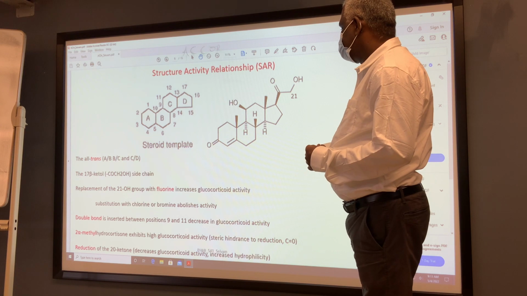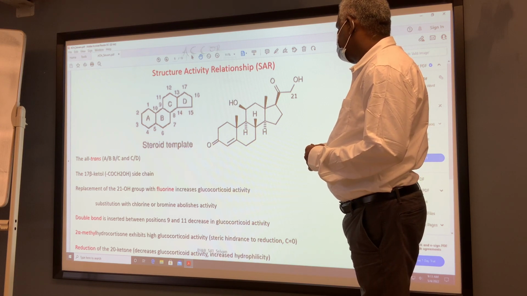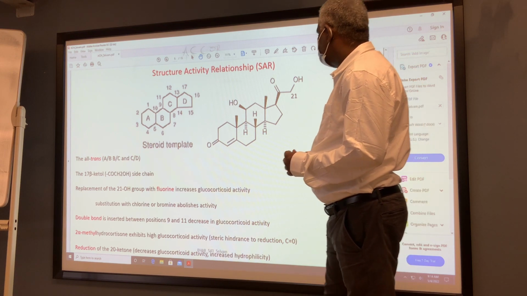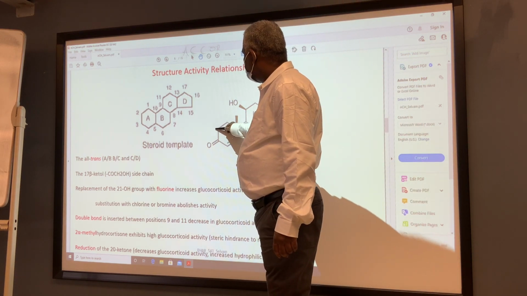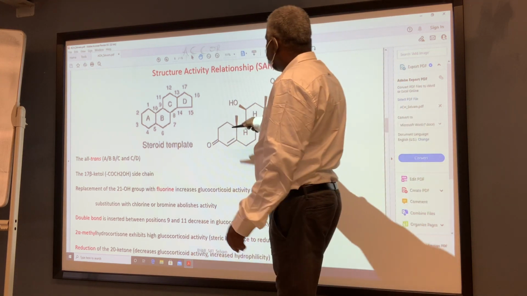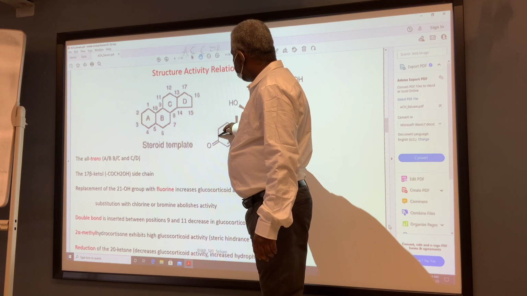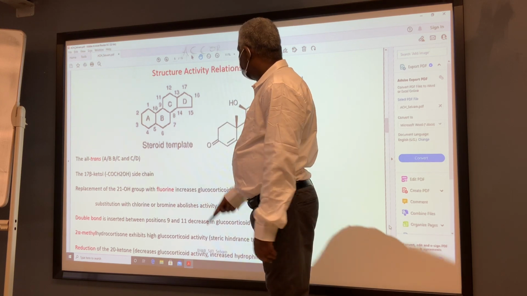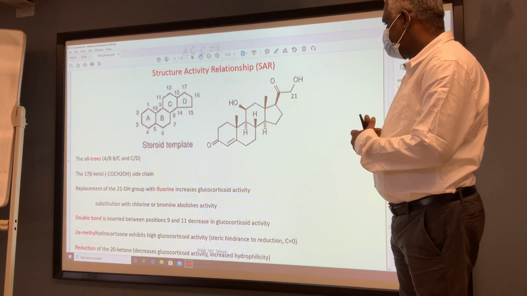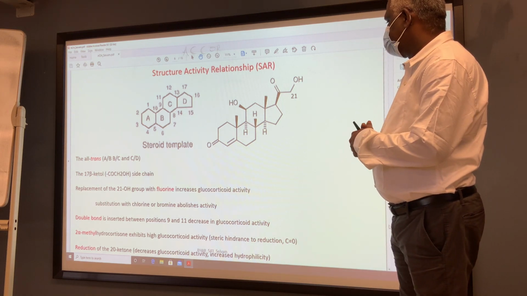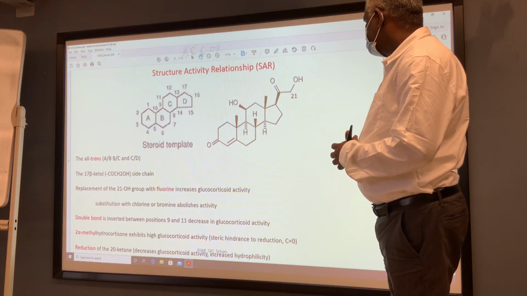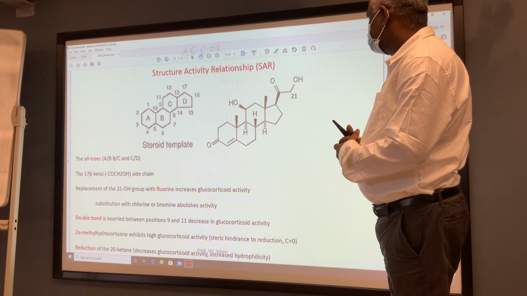And 2 alpha methyl substitution increases the activity. So when you have an alpha methyl substitution at carbon number 2, that increases activity, because it sterically hinders the metabolism of the 3-keto group, that's the reason the activity increases. Reduction of the carbon number 20 ketone decreases the glucocorticoid activity because of the increased hydrophilicity.